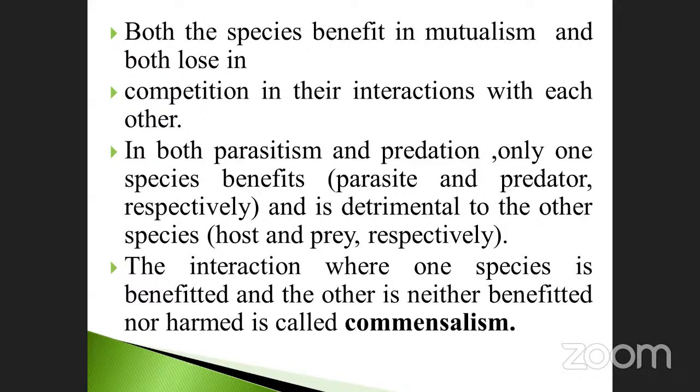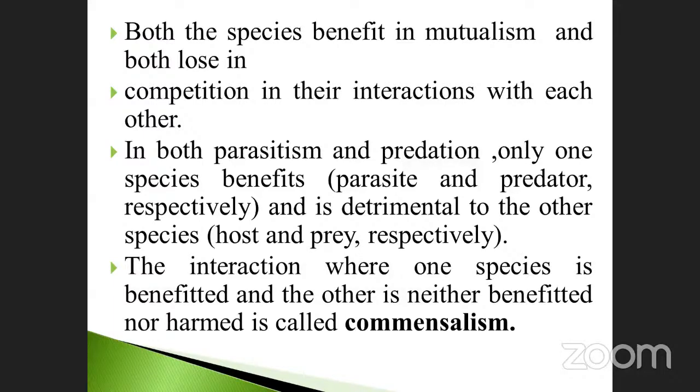Totally they have given us two species here. One species benefits, another one does not. Sometimes both benefit; sometimes one is beneficial and one is harmful. So according to the living patterns, they may be divided into different types.